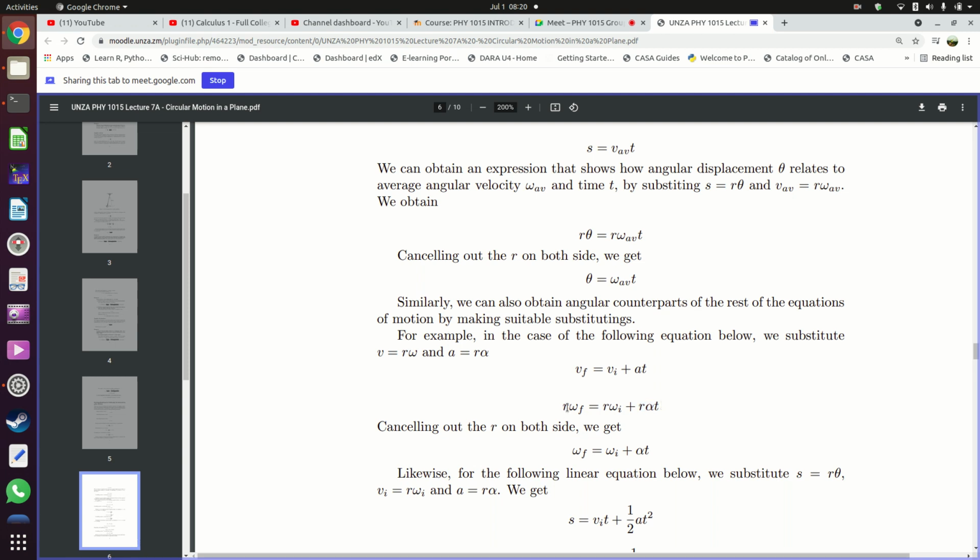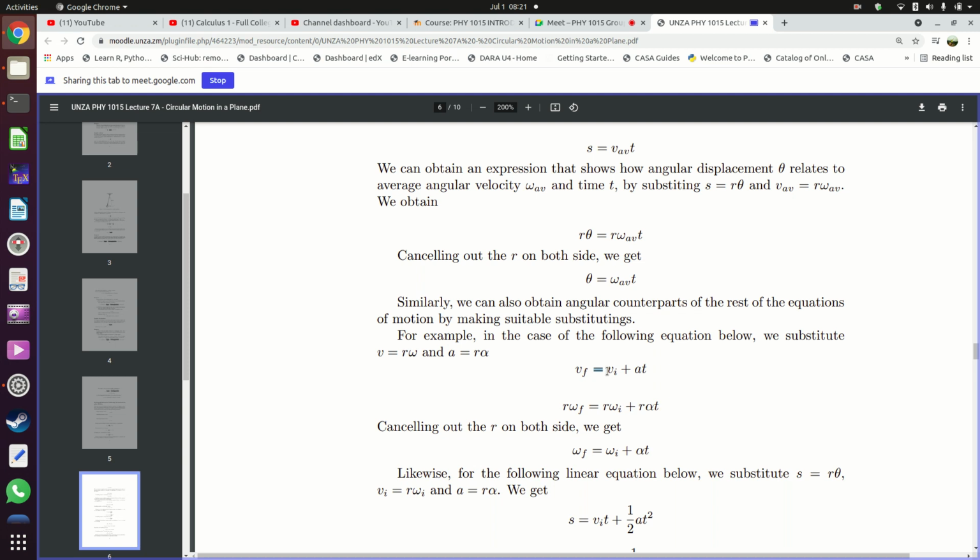There is r on this side. If you factor out the r and cancel out, you're going to remain with omega f, which is the final angular velocity, is equal to the initial angular velocity plus alpha, which is the angular acceleration, multiplied by time. This equation has the same structure as this. It is as good as where there is Vf, you have replaced omega f.